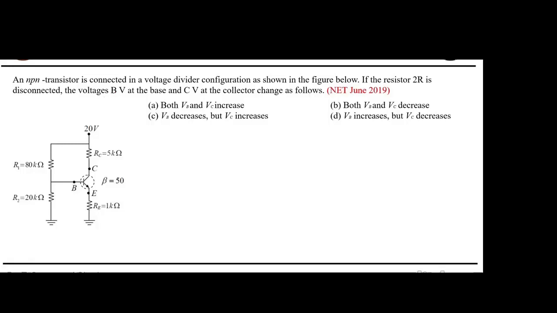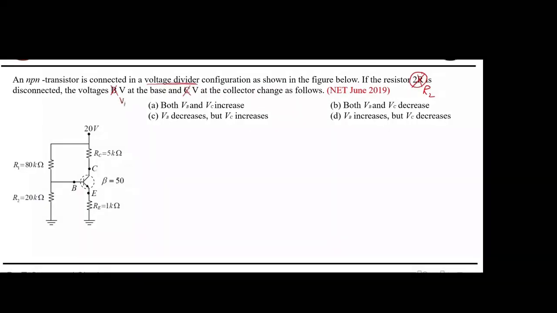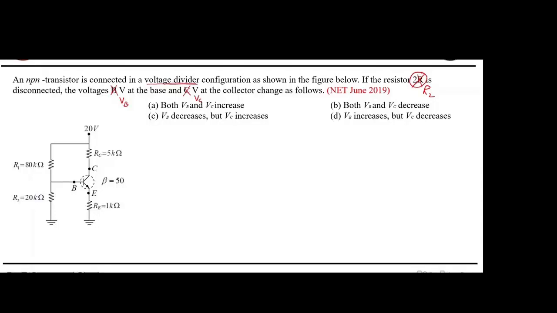There is an NPN transistor connected in a voltage divider circuit, as shown in the figure below. If the resistor R2 is disconnected, then the voltage at the base and at the collector changes as below. That means they are asking what will happen to VB and VC.